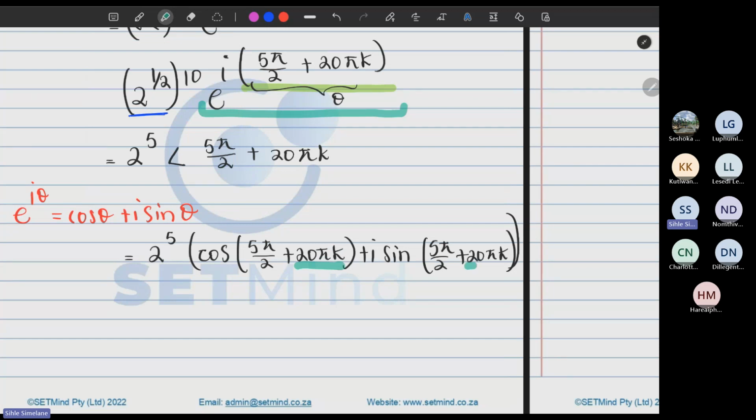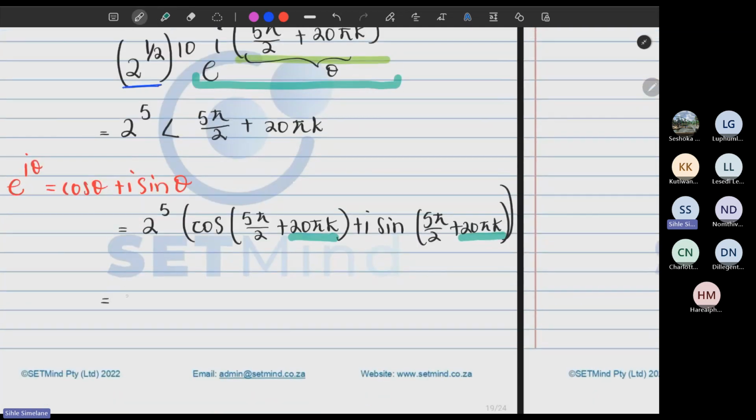So as long as whatever we have is a multiple of 2 pi k, then it becomes the original angle itself. So we'll have 2 to the 5, open bracket, cos of 5 pi over 2 plus i sine of 5 pi over 2. Is this what they gave you?